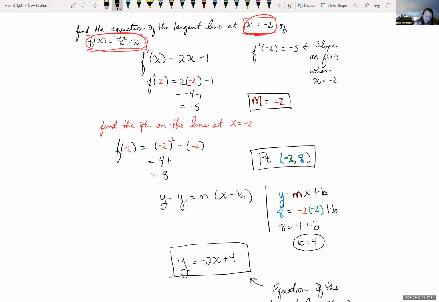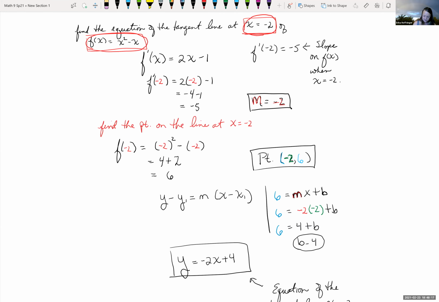Negative and negatives, this is really +2. So actually, my point was not -2, 8, it was -2, 6. So let's change that to a 6. Let's go back in here. We got a 6 here, 6 here, 6 here.